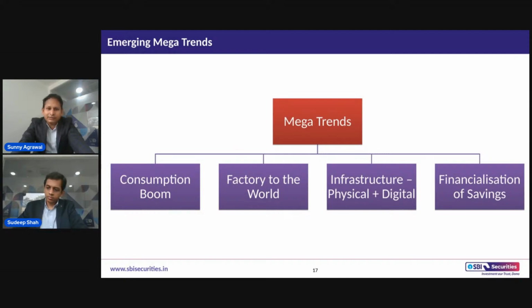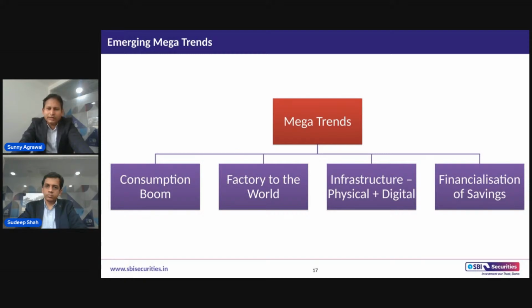At the same time, with the various government initiatives, gradually we are aspiring to be the factory to the world. As we all know, right now China is the factory to the world. China is one of the largest producers and suppliers of many goods, including cars, machinery, capital goods, any small product, large product.